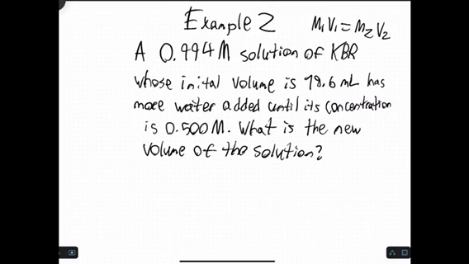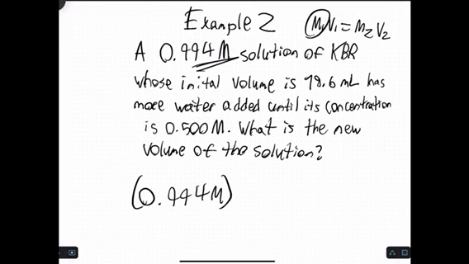Now that you paused the video and solved it, we're going to go through it together. So we have a solution that's molar, so that is our first M of this equation. So we're going to insert that in as this. We're just going to use parentheses. A solution of KBr whose initial volume is 78.6 mL, so that means this probably coincides with this.